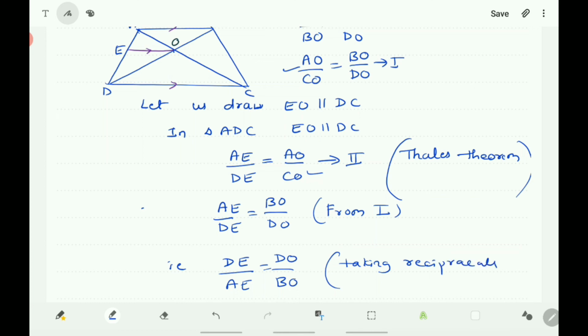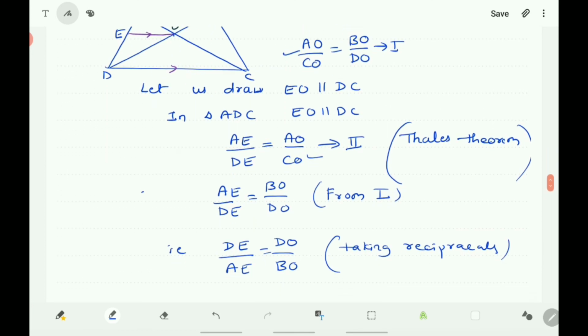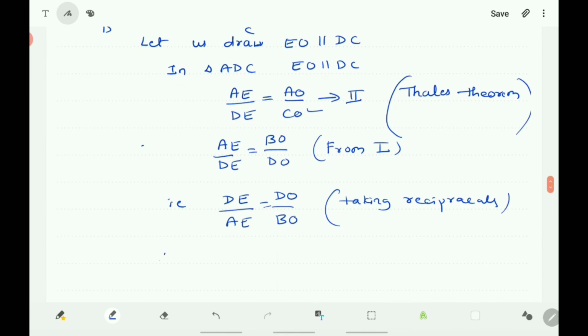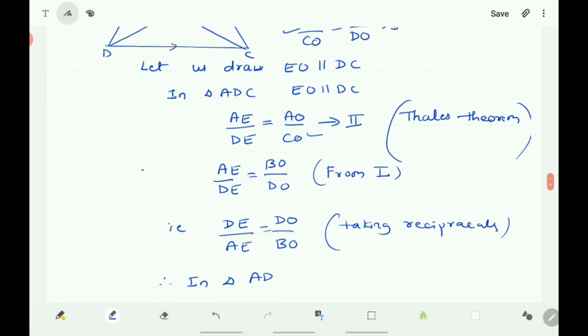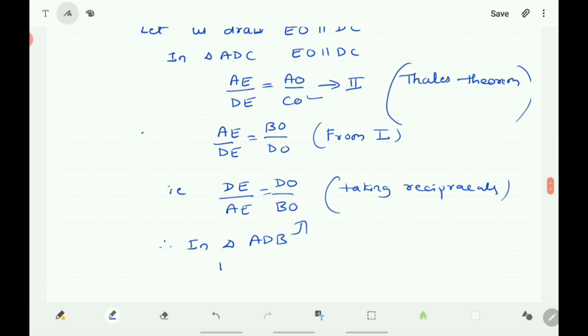Now you know that in triangle ADB you got this relation. What is that? DE by AE is equal to DO by BO.